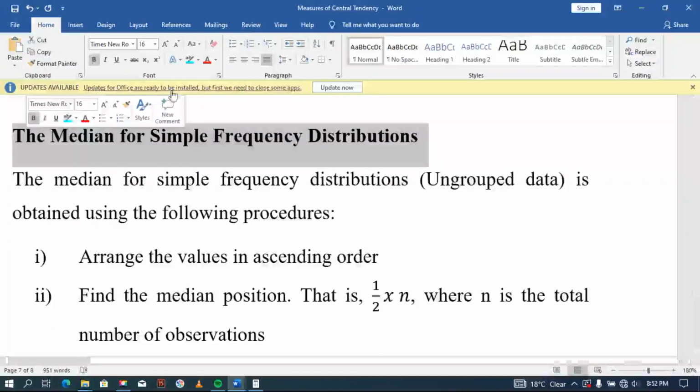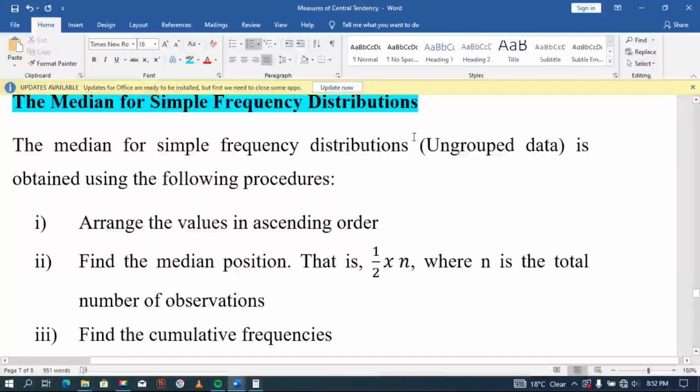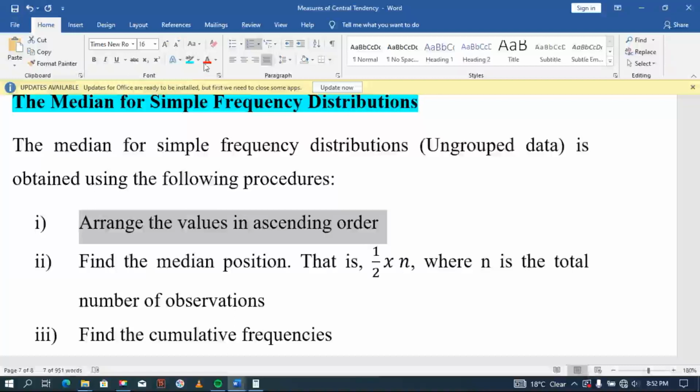So when it comes to the median for a simple frequency distribution, that is basically ungrouped data still, we have some procedures that we follow in order to find the median value. One is arrange the values in ascending order. We must have these values arranged in numerical order, particularly ascending.